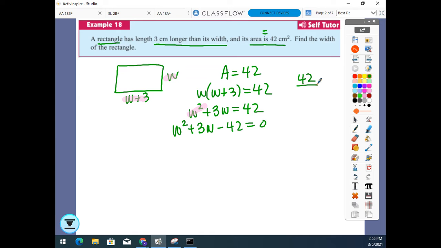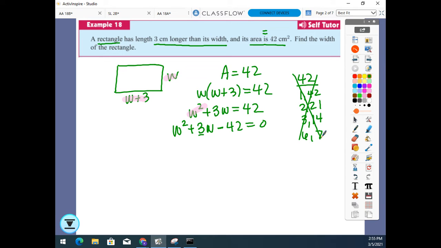What are the values that multiply to get 42? 1 and 42, 2 and 21, 3 and 14, 6 and 7. So do any of these subtract to get 3? Unfortunately, no, it's not factorable.